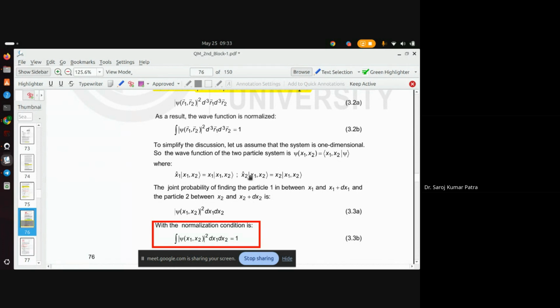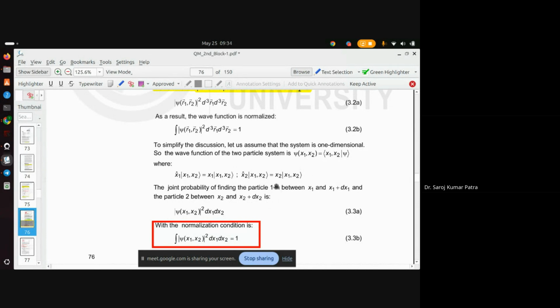Similarly, x2 operator operating on the |x1 x2> ket will also give me the x2 value, the position. So the joint probability of finding particle 1 between x1 and x1 plus dx1 and particle 2 between x2 and x2 plus dx2 is |psi|² dx1 dx2.